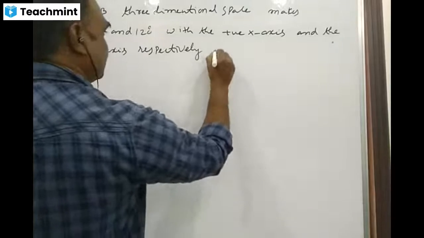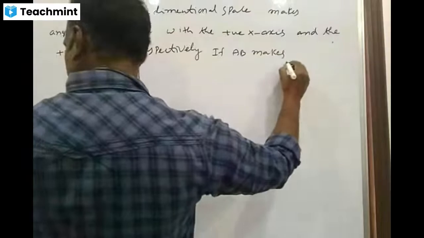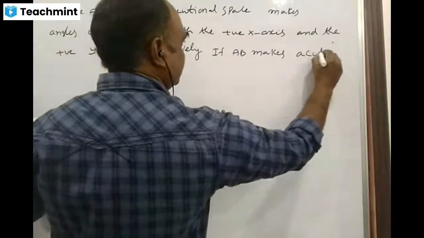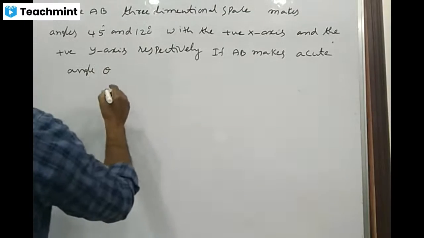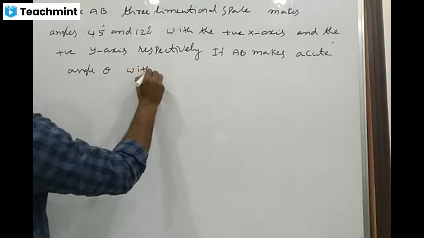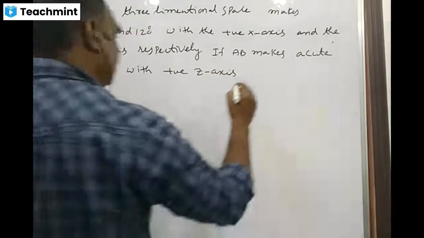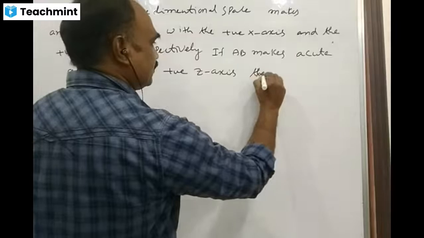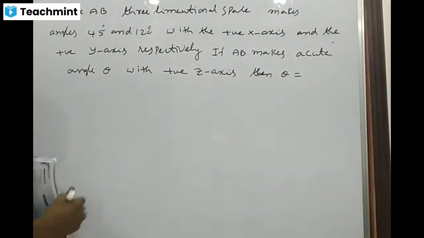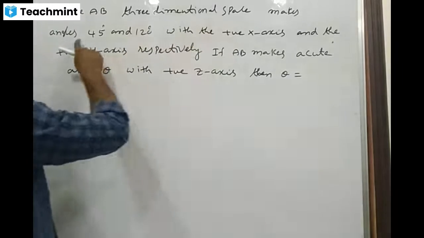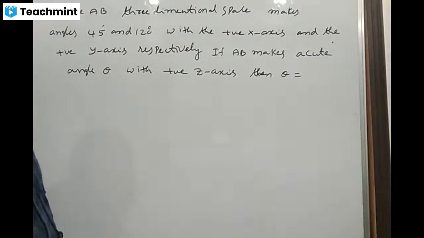If AB makes acute angle theta with the positive z-axis, then theta is equal to, friends. Next problem: a line AB in three-dimensional space makes angles 45 degrees and 120 degrees with the positive x-axis and the y-axis.